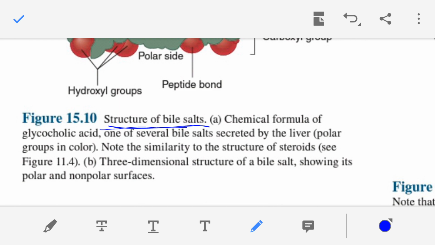Now in figure A, the chemical formula of glycocholic acid is shown. And what is glycocholic acid? Glycocholic acid is one of the bile salts. The liver secretes many bile salts, and among them one is glycocholic acid.